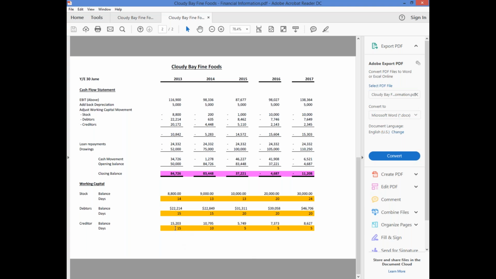And her creditors, she's paying her suppliers more quickly. She was paying them in 15 days. She's now paying them in 5 days. So we're seeing some signs here of what's going on in her business. So what we've done is we've taken that information and we've put it into the growth equation, which we'll now explain.